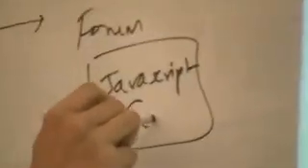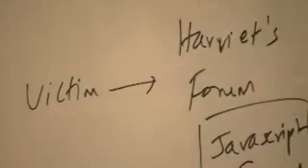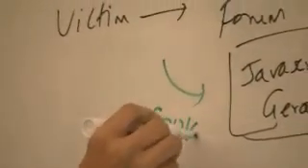Okay. A victim logs into Harriet's forum, and here the JavaScript of Gerald is running, and the cookie of this user, the victim, is transferred to the steal.php in Gerald's website.